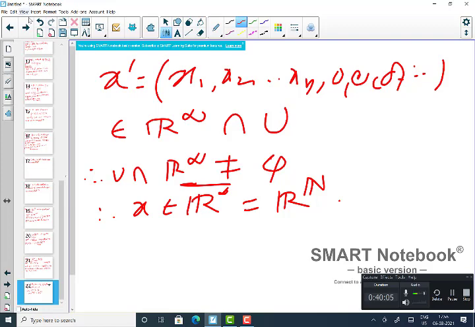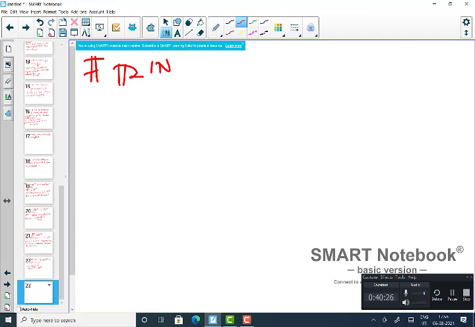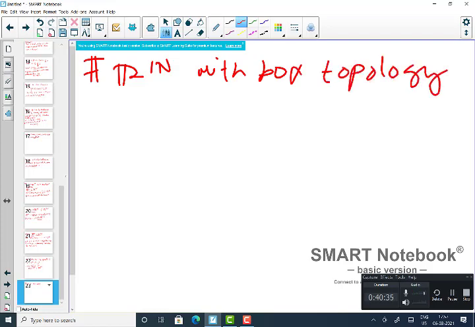Okay, so another example I will show: what happens if it is not this topology. For example, you have another topology on R infinity, called the box topology, and we will show that this with box topology is not connected.